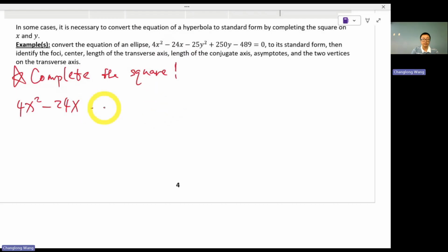So you need to add something here, right, or subtract off something, and then we have... Oh, unfortunately, you have a negative leading coefficient for the y. All right, so 250y. Then I'm going to have some space here, right? Later, I'm going to add or subtract the number. Then I don't like this constant on the left. Let's move it to the other side. You don't need it for the completing square. So 489.